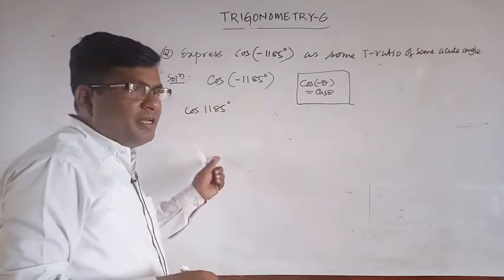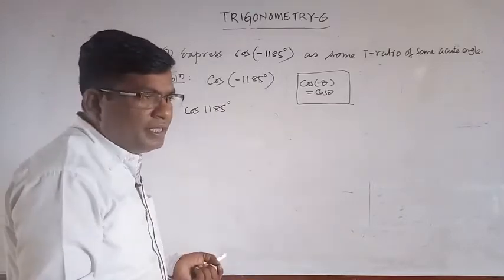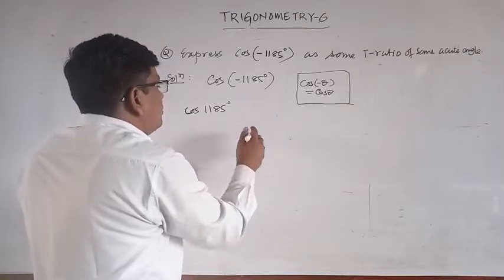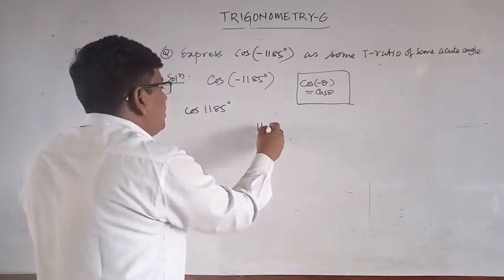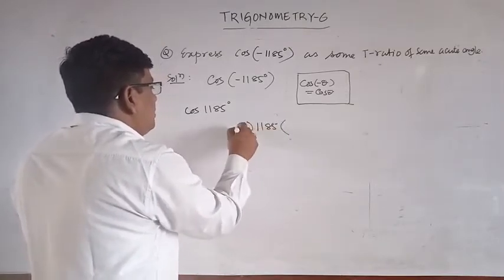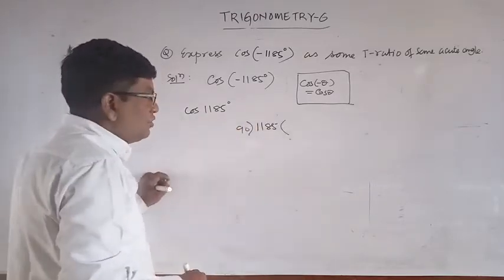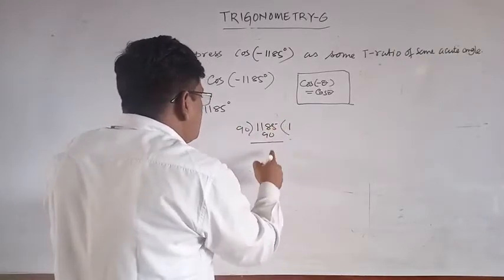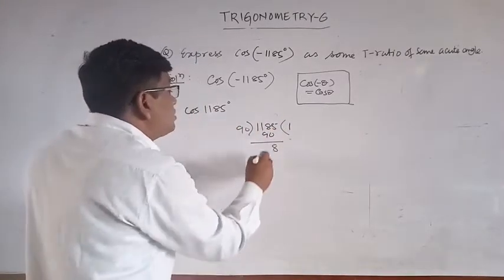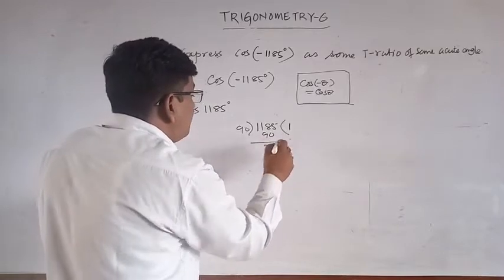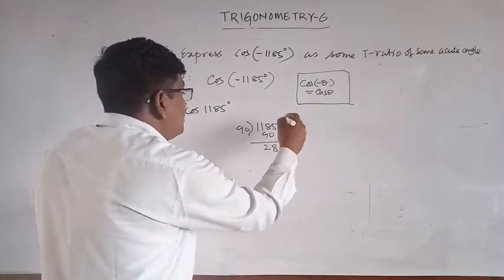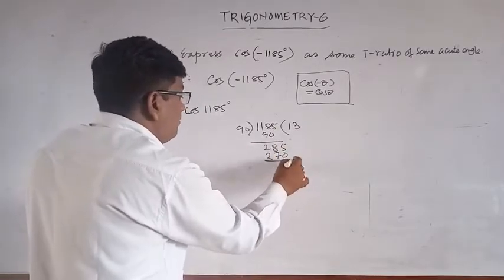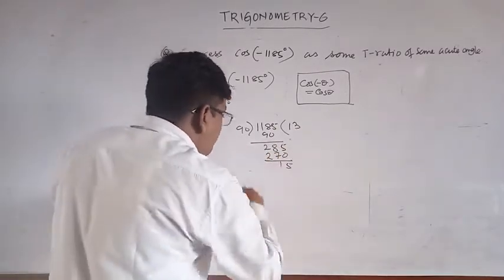You can divide by 90 degree, 180 degree, or 360 degree. So suppose we divide 1185 by 90. 90 ones are 90, and this is 8, and this is 2, and this is 5. That is 90 times 13 is 270, and here 5, and this is 115.